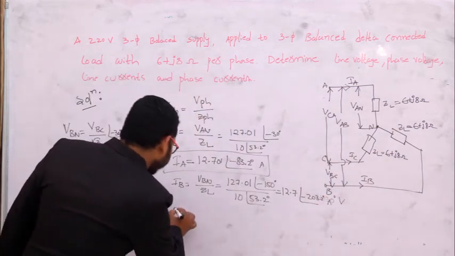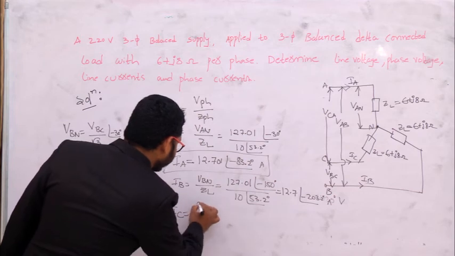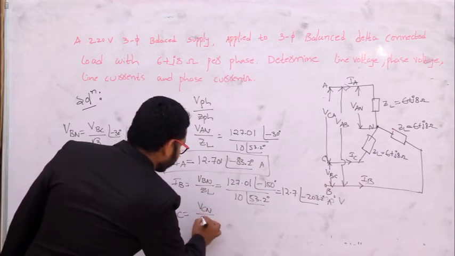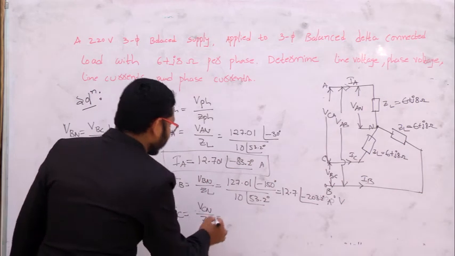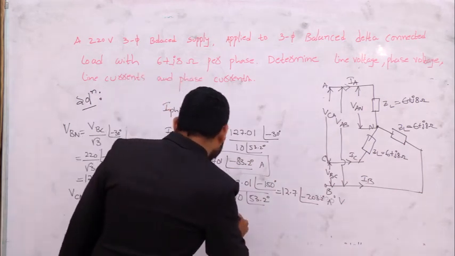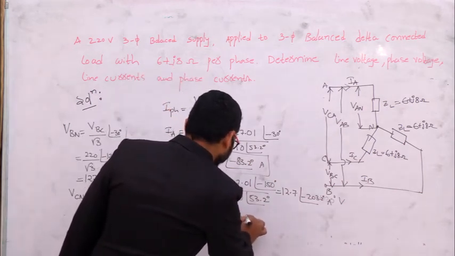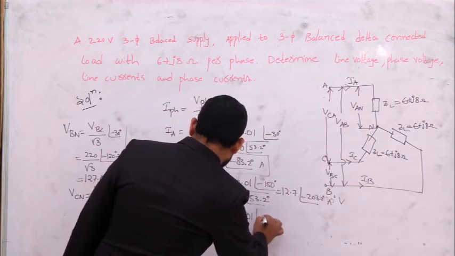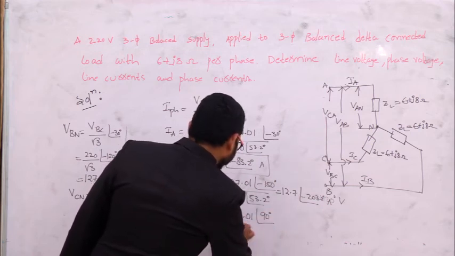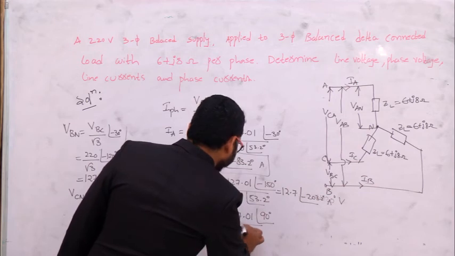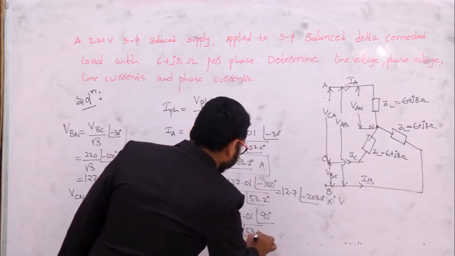Next, the IC value. IC equals VCN by ZL. The VCN value is 127.01 at an angle 90 degrees, by 10 at an angle 53.2 degrees.